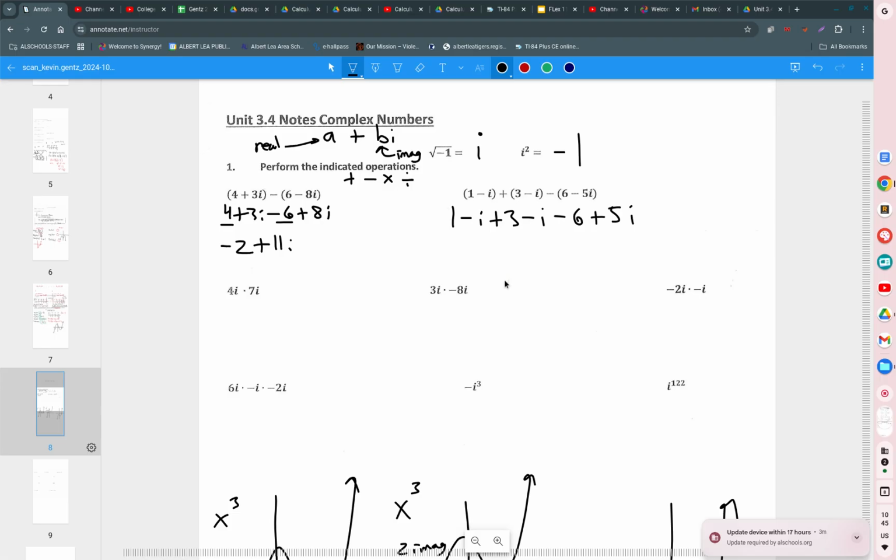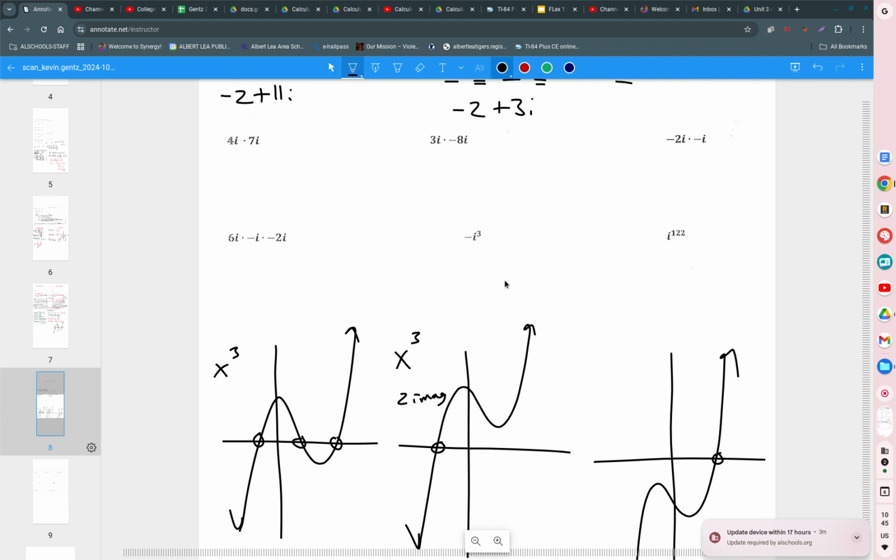Again, make sure you distribute your subtraction. We combine our real parts together. 1, 3, and -6 make -2. -i and 5i make 3i. Let's multiply them. 4i times 7i is 28i squared.